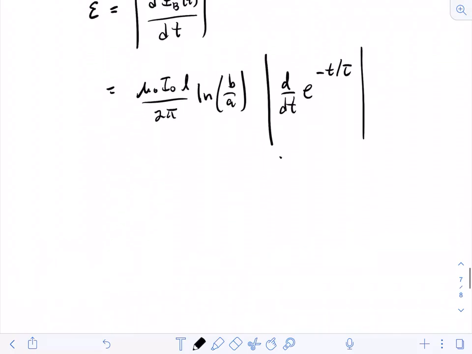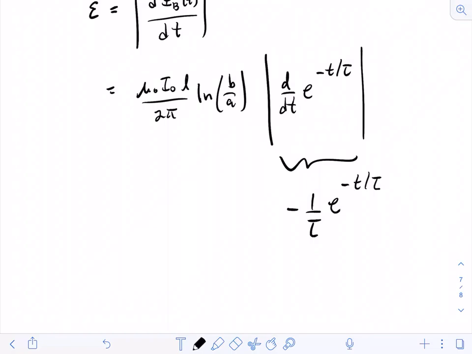The derivative of an exponential, like d by dx of e to the x, is just e to the x back. So we're going to get our exponential back, but we don't have just e to the minus t. We have e to the minus t with some constant. So we have to pull the constant out, right? It's a chain rule thing. You'd get the exponential, and then you take the time derivative of what's inside the exponential, and d by dt of minus t over tau is minus 1 over tau.